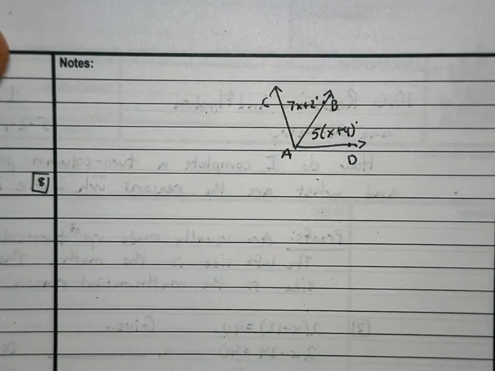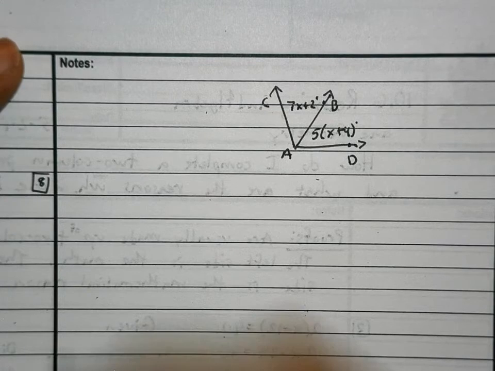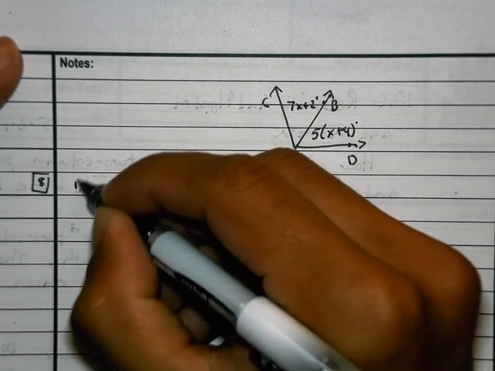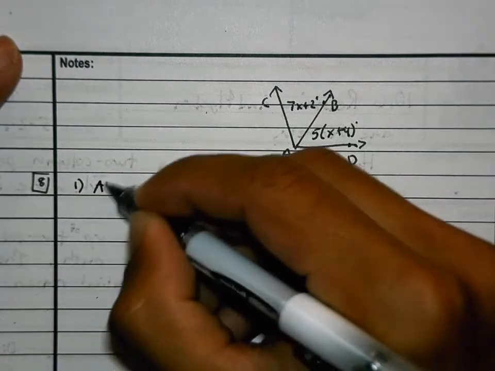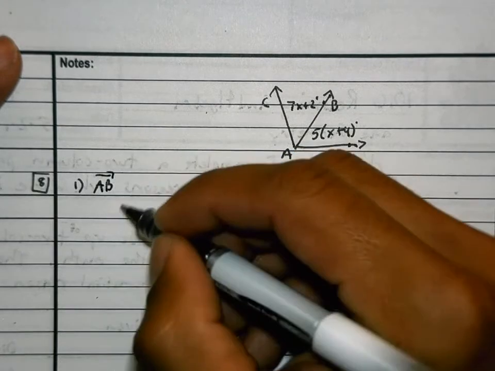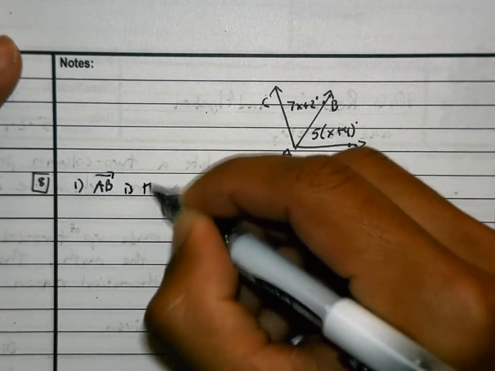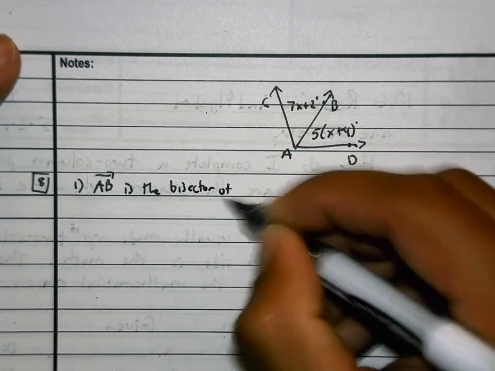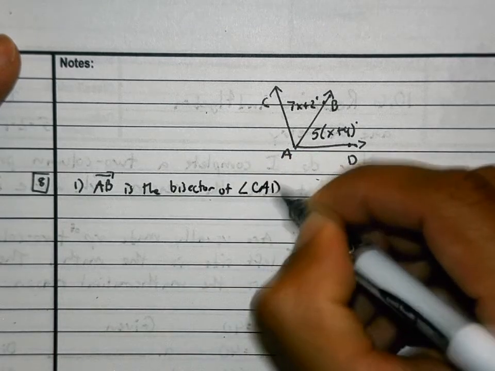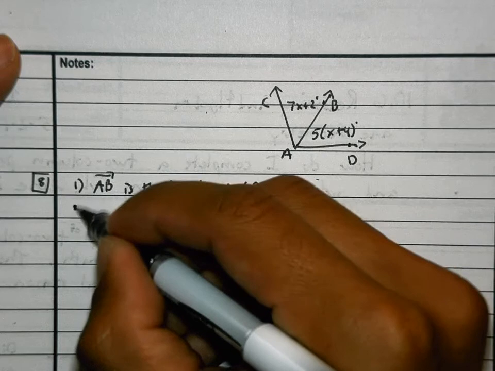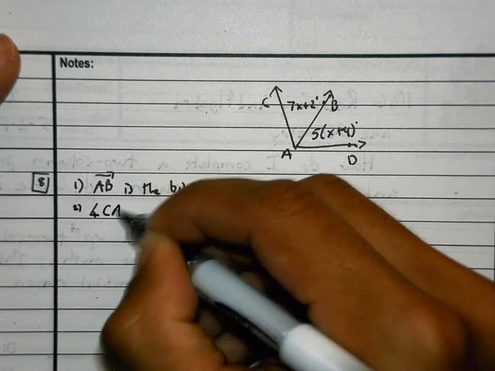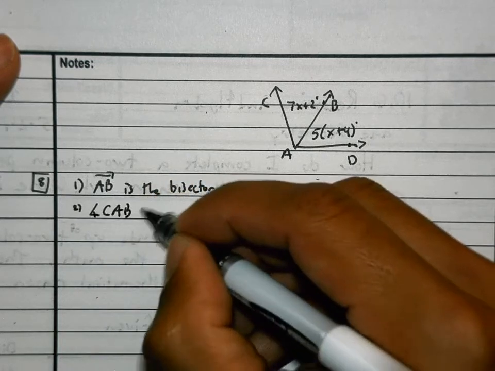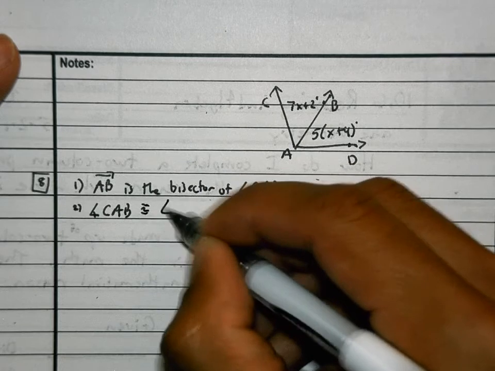So for number 8, you have a 2-column proof, and it has a lot of stuff written on it. Segment AB is the bisector of angle CAD. Number 2 says angle CAB is congruent to angle BAD.